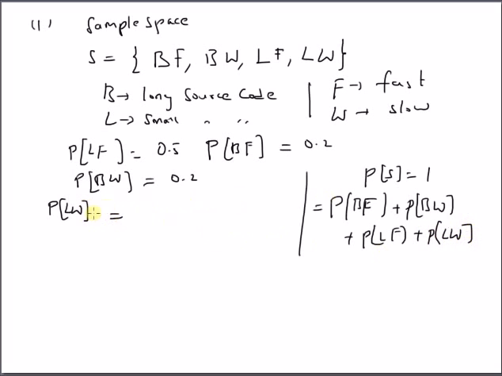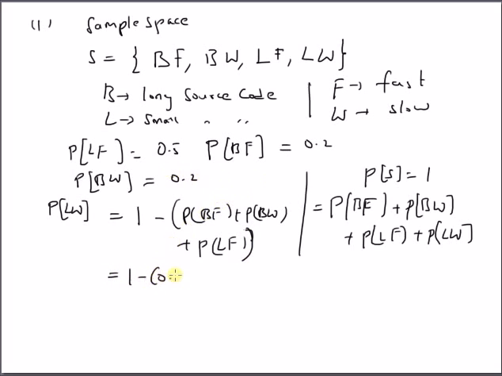So the probability of LW, that is code is short but takes very long time, is equal to 1 minus the sum of the rest of the values, that is P of BF plus probability of BW plus probability of LF, which is equal to 1 minus (0.2 plus 0.2 plus 0.5). So this is equal to 0.1. So we now know that probability of LW is equal to 0.1.